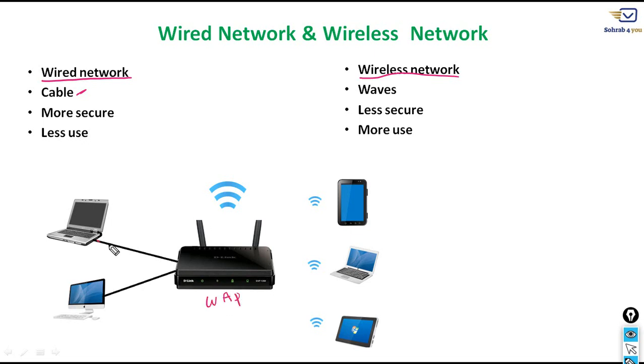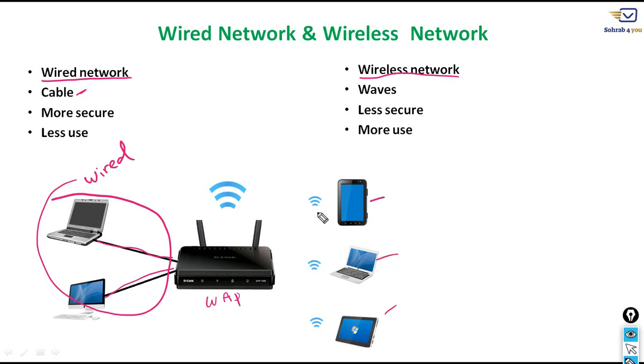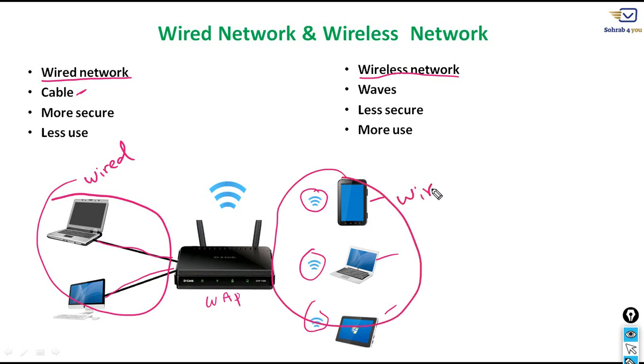This computer is connected via a cable, and this computer is also connected via a cable. This is called a wired network, because these are connected via cable. And now you can see this device, this device, and this device are connected via wireless to this one. This is called a wireless network.